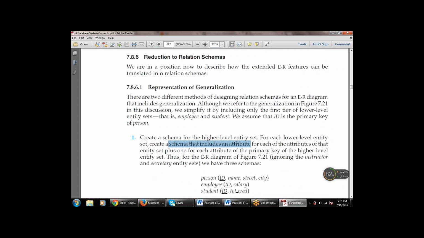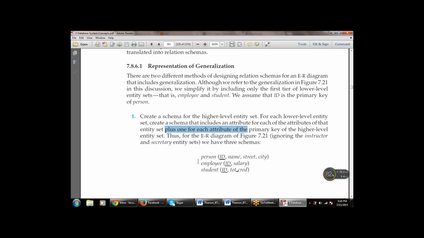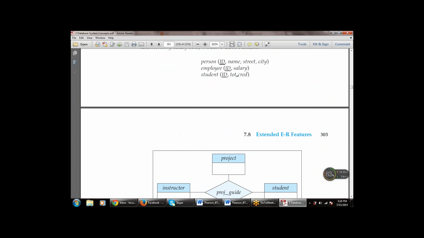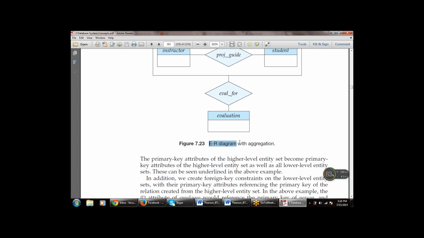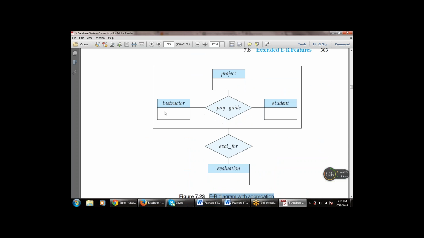For each low-level entity set, create a schema that includes an attribute for each attribute of that entity set plus one for each attribute of the primary key of the higher level entity set. So there are two schemas: one for the low level entity set and one for the high level entity set. This is the ER diagram with the aggregation.